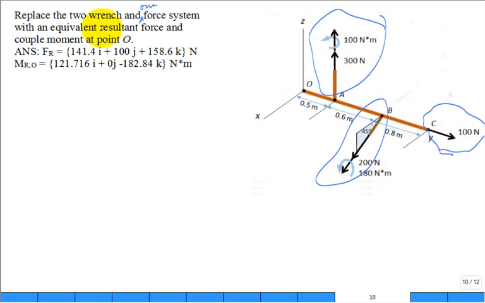What do they mean by a wrench? It has both a force as well as a moment at the same place. And so they say that this has a force of 300 newtons applied at the end of this object in the upward direction, as well as the moment of 100 newton meters at the same location, making it want to rotate.